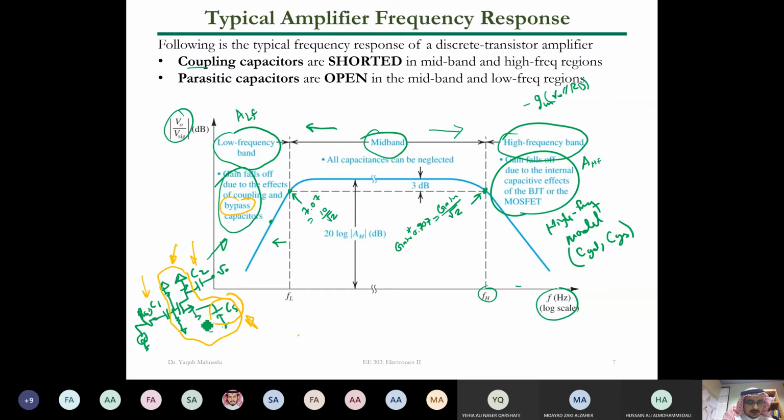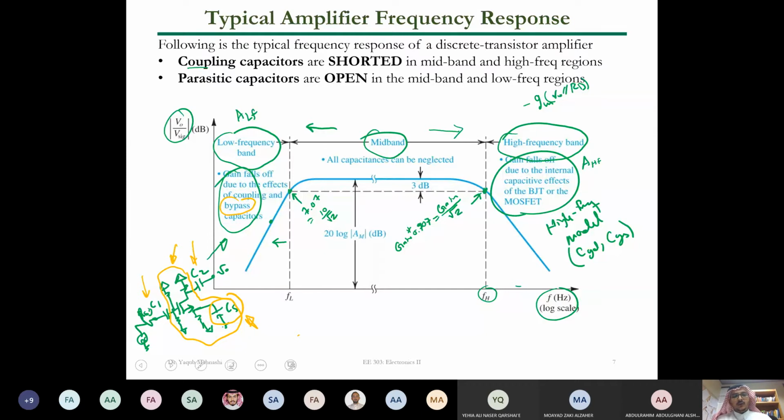Okay, it is the same thing. Yahya, as you said, we want the source of the transistor, from an AC point of view, to bypass the resistor, or in other words, we want to connect it to ground. So that's why we call it a bypass capacitor.